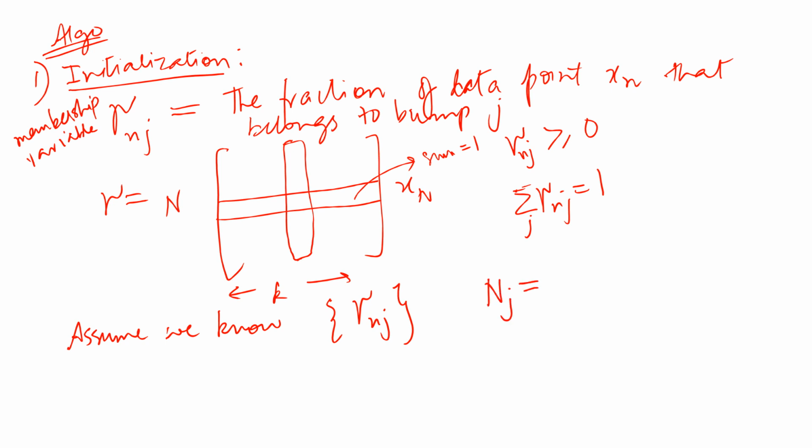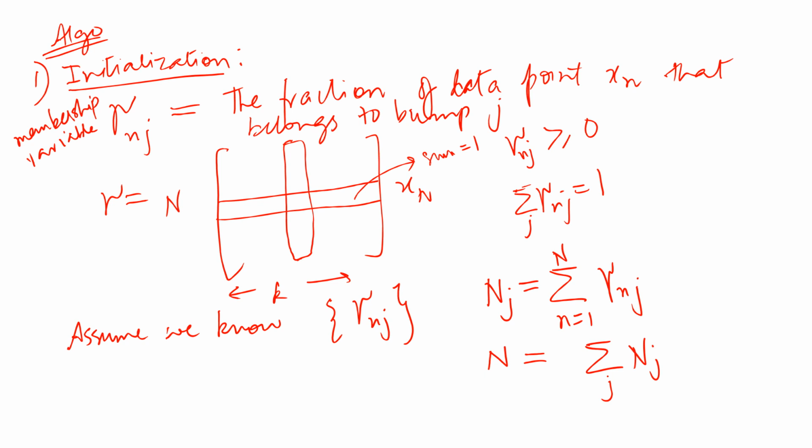And that is going to be the sum of n from 1 up to N of gamma n j, right? All right, so I know how much data belongs to bump j. Now the total number of data points can be denoted using this n of j, right? So that would be the sum over all j's of n of j, right?